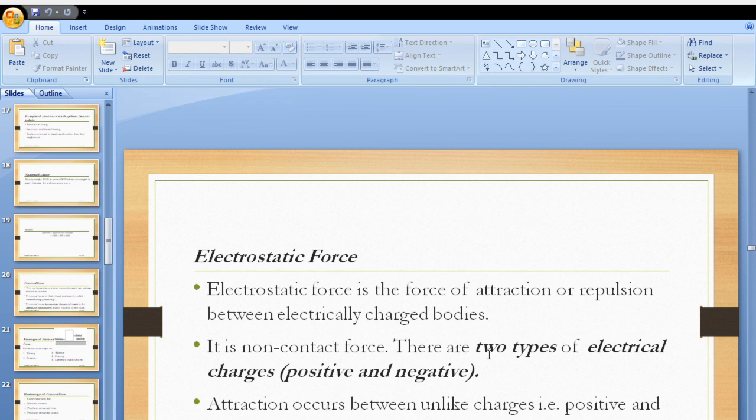Electrostatic force is the force of attraction or repulsion between electrically charged bodies. It is a non-contact force. There are two types of electrical charges, that is positive and negative. Attraction occurs between unlike charges, i.e. positive and negative, while repulsion occurs between like charges, just like a magnet.